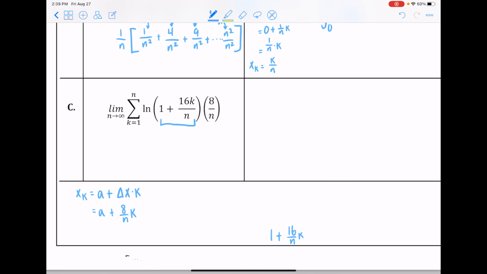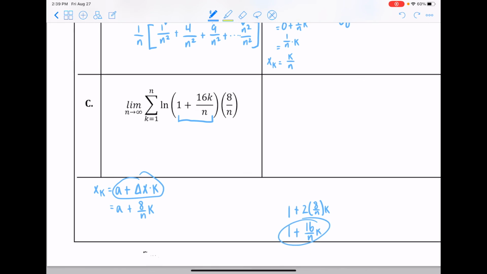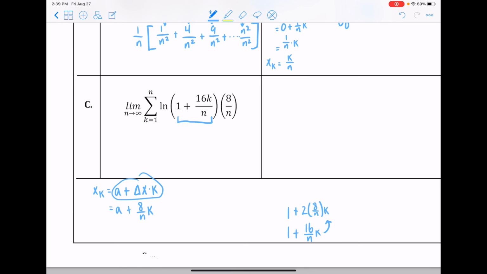And what I want to do is work backwards here. So what I want to do is pull out the 8 over n. So for me to make this look the way I want it to look, I'm really trying to get to this right here, okay? That's my goal. I'm trying to make this look like that. So we're going to work our way backwards. This step, I can pull the 2 out of this because to get to 16, you had to multiply 8 over n by 2.